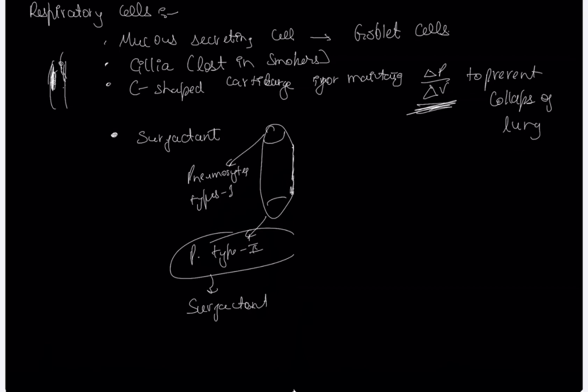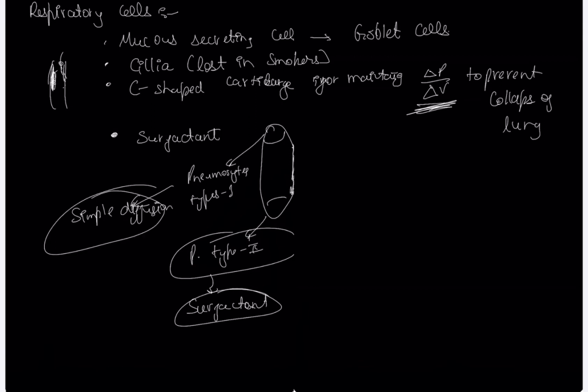What is the function of surfactant? It reduces the lung's surface tension, so the lungs expand easily. And what is the function of pneumocytes type 1? They do simple diffusion.